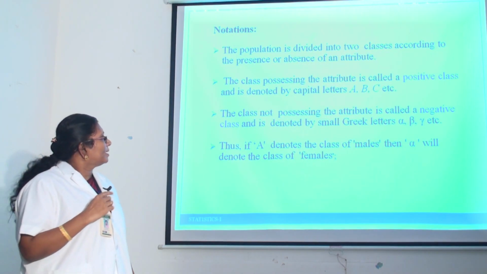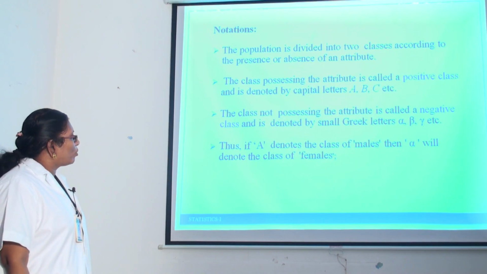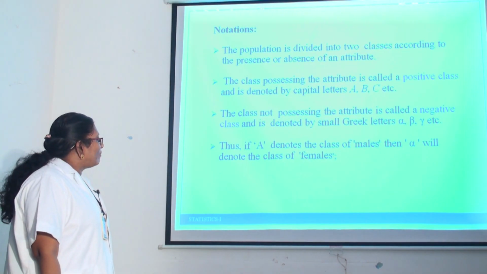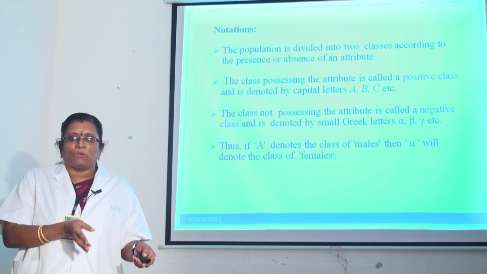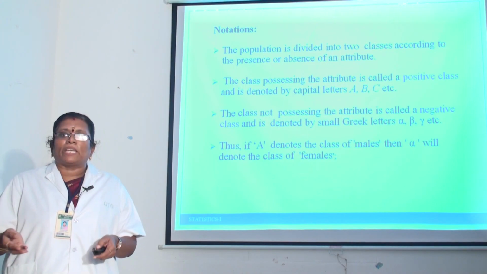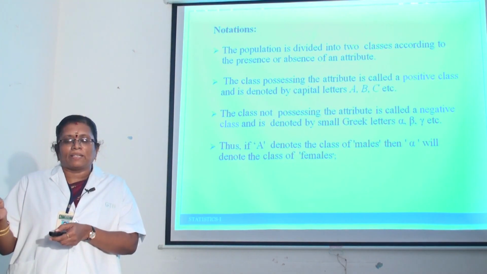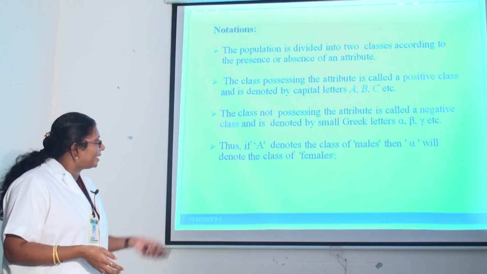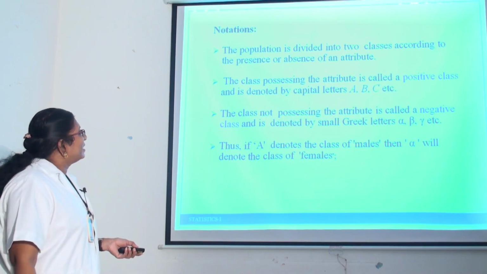Here is an example: if A denotes the class of males, alpha will denote the class of females. So male is a positive attribute and female is a negative attribute. Similarly, we can take girl as a positive attribute and boy as a negative attribute. It is not fixed that male is always positive and female is negative.